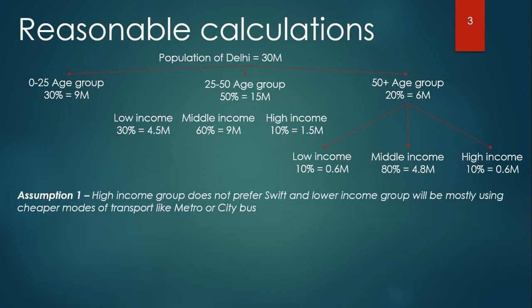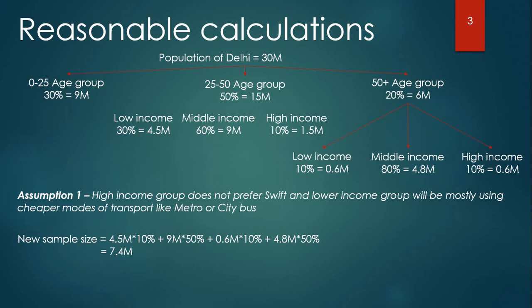After this comes my first assumption, which I just talked about a minute ago, that high income group does not prefer Swift, and lower income group will be mostly using cheaper modes of transport like metro or city buses. So my new sample size becomes like this.